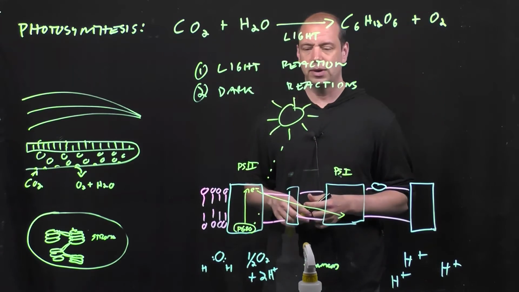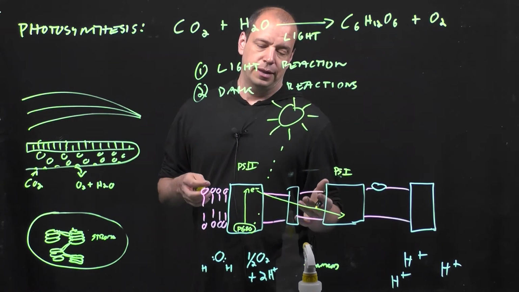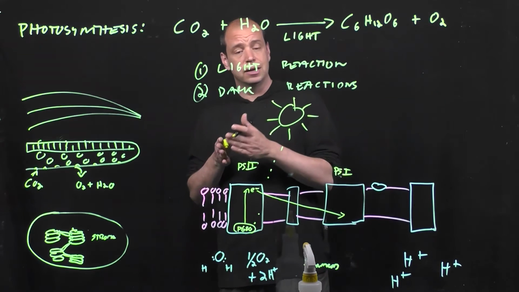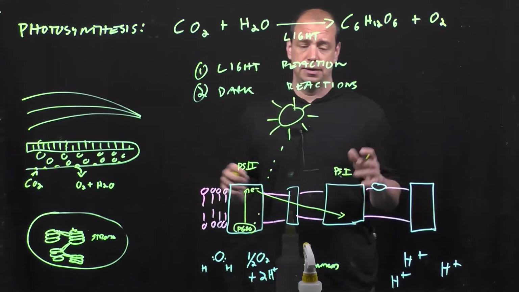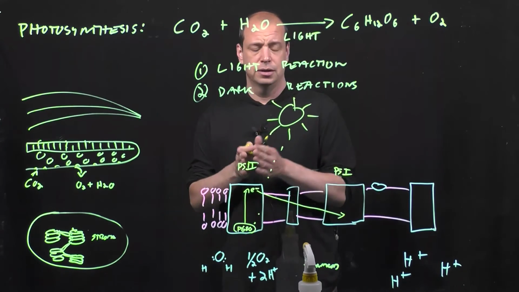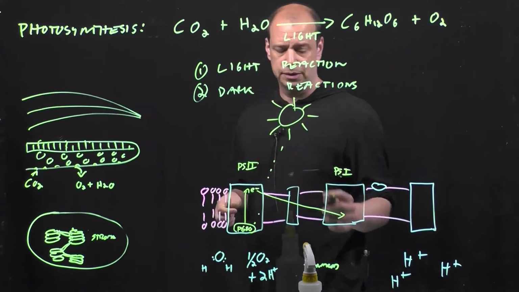There's some quantum effects involved regarding the ability of an electron to appear to be in two places at the same time or to tunnel between two locations without being at an intermediate location. But to make a long story short, in spite of the fact that these two systems are spatially separated, the electron is able to be delivered from one to the other.